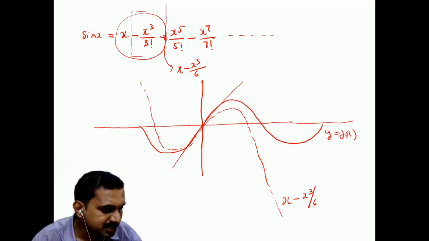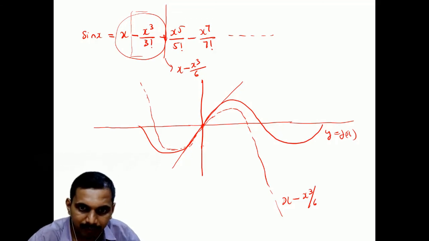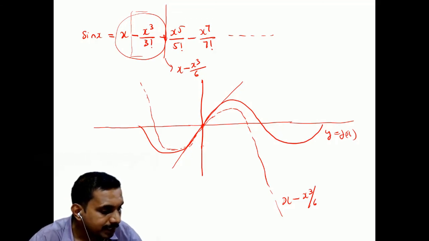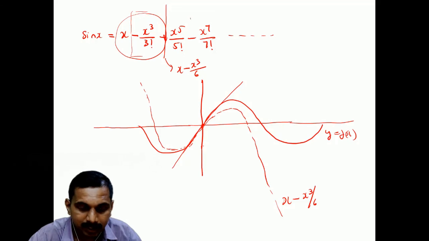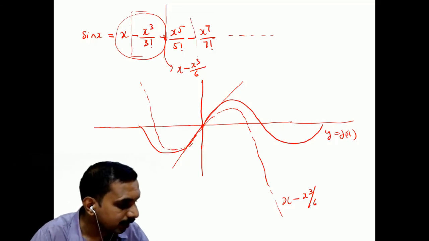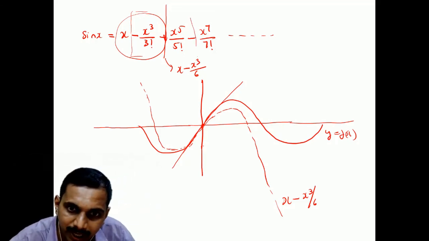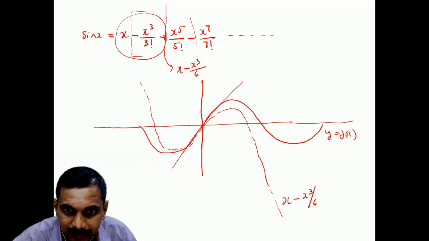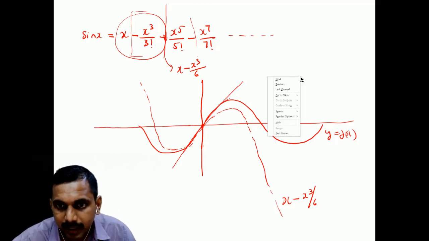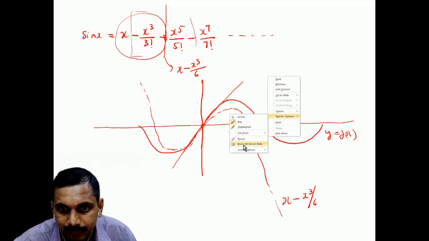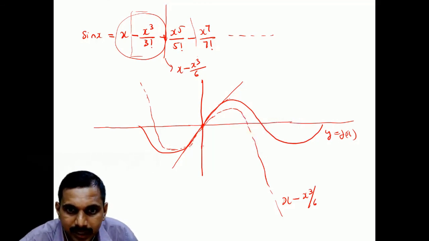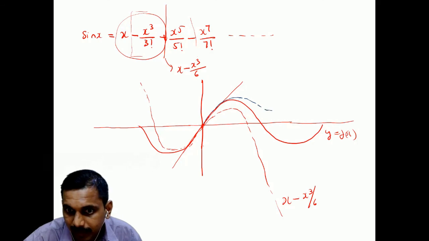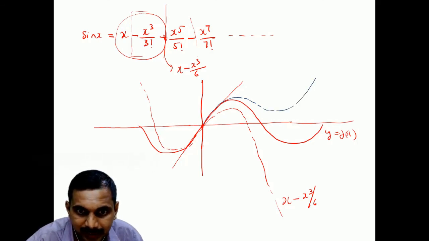If I add some more, for example the third term, x power 5, then what happens? It comes like this. Let me use the other ink. If I use x power 5, then it goes this way, then like this, and then this way.